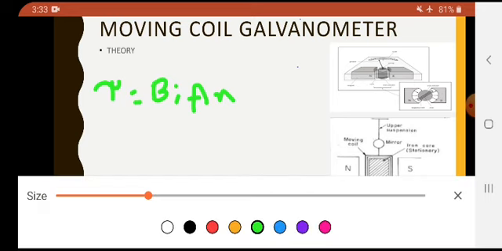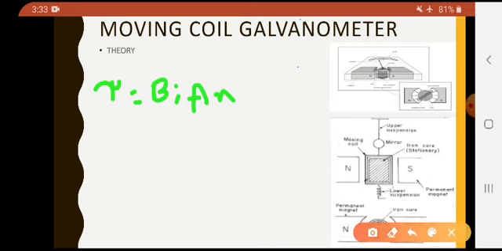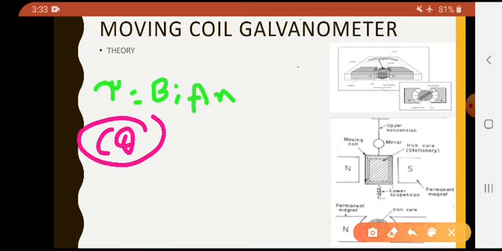This is the torque produced by the metallic rectangular frame, but the restoring torque due to the twist is C theta. This is the restoring torque. This restoring torque and this tau are always equal.